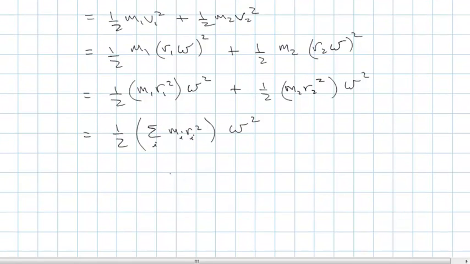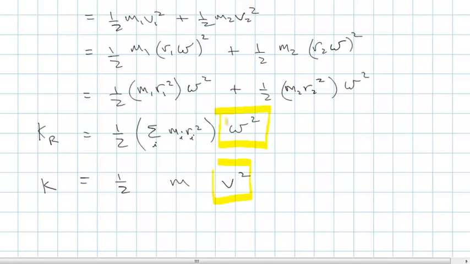What I'm going to do is say that this is very similar to our translational kinetic energy. This is our rotational kinetic energy. And we know our translational kinetic energy is 1/2 m v squared. v is our linear velocity. Omega is our rotational velocity.